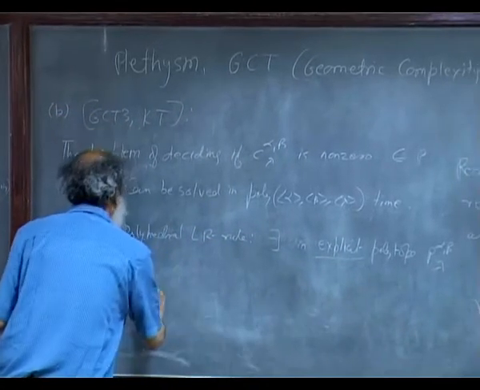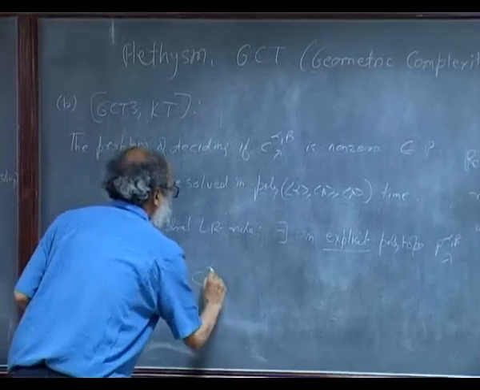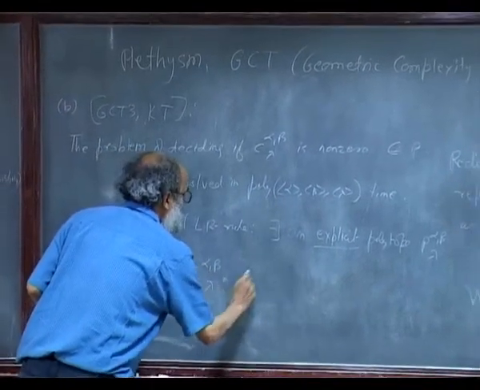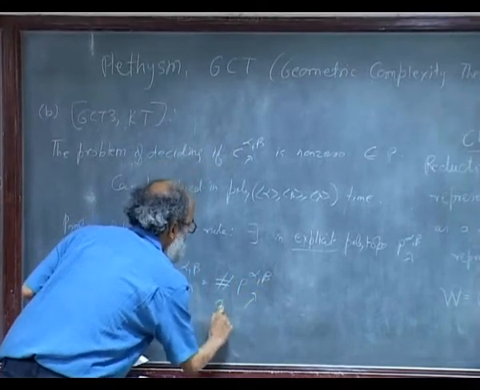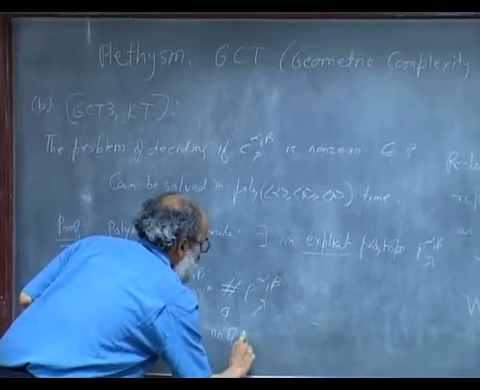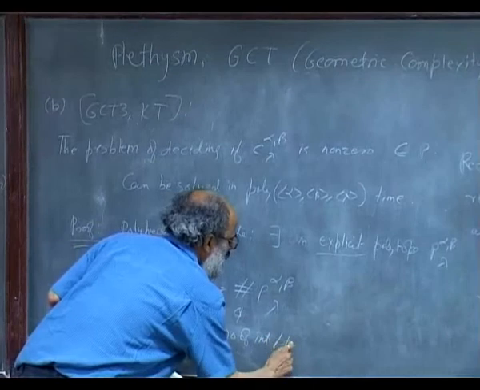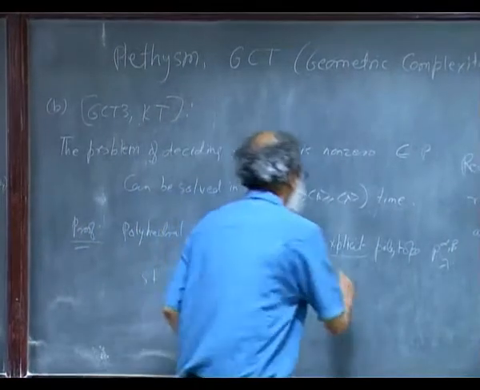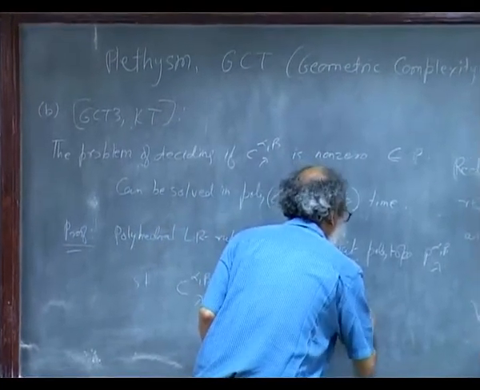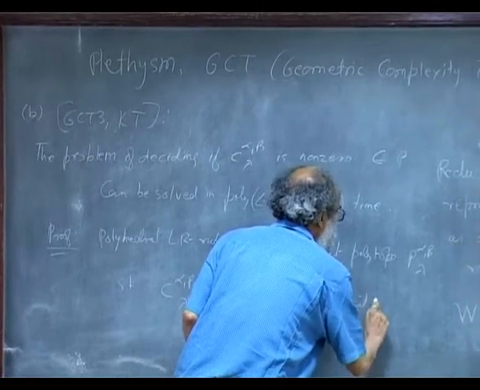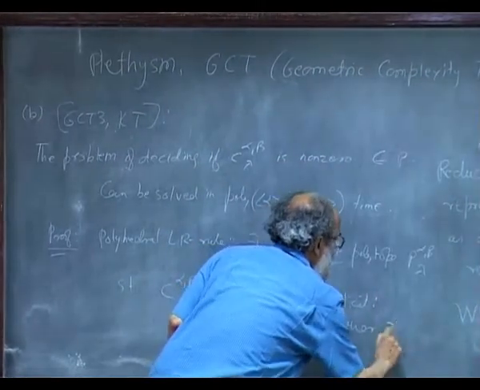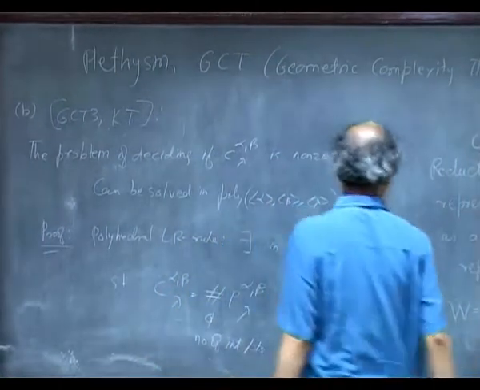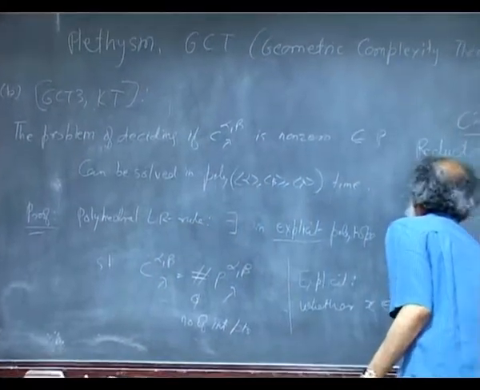Such that C alpha, beta, lambda is the number of integer points in P alpha, beta, lambda. Okay, and by explicit we mean the membership problem belongs to P. So whether, given any point x, x belongs to P alpha, beta, lambda.